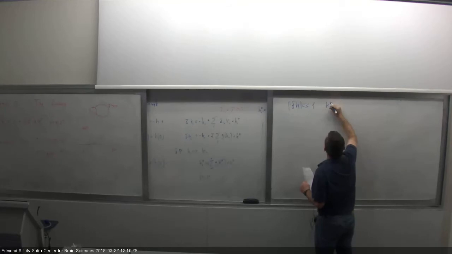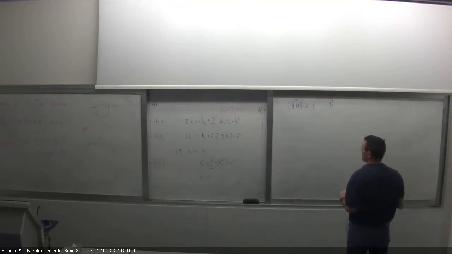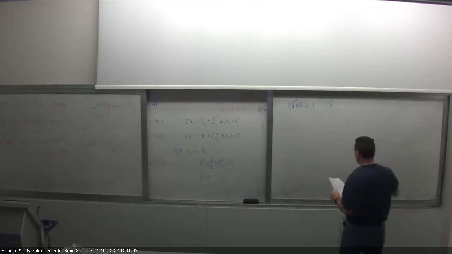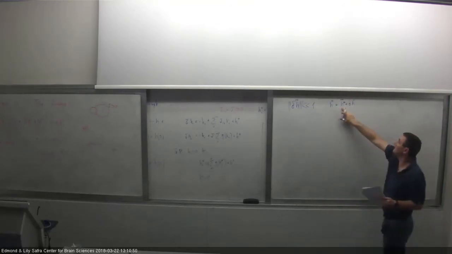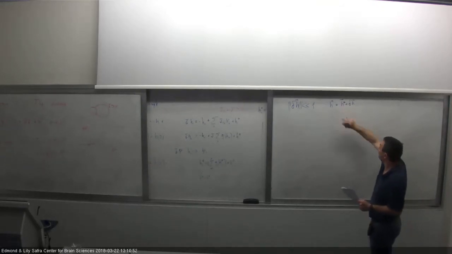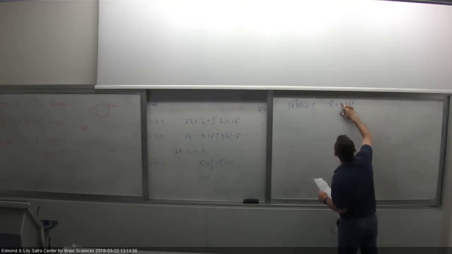We have the fixed point solution. I will use this arrow to clarify that we're talking about vectors. So we consider small perturbations around the fixed point, so we have H star.